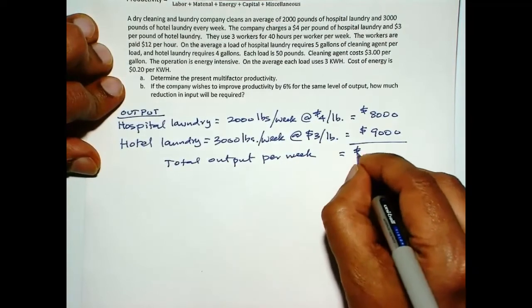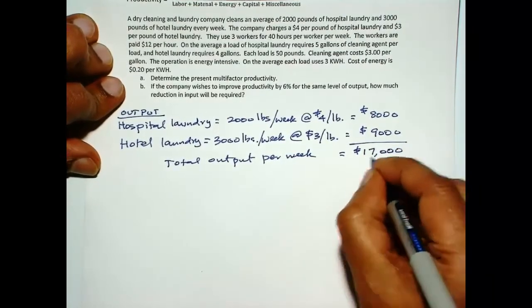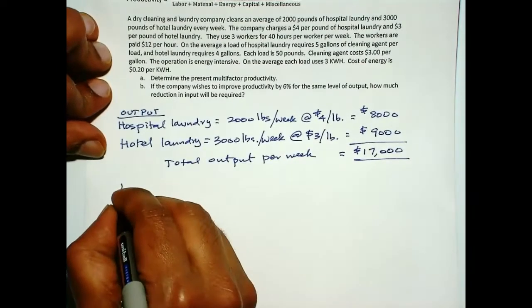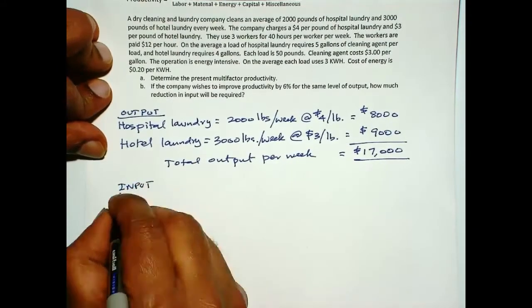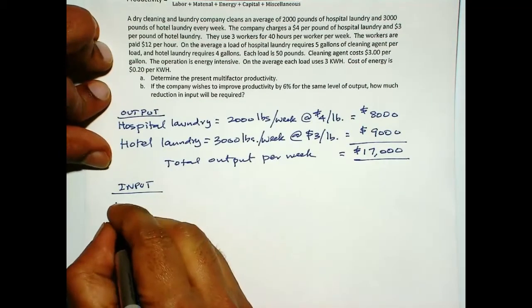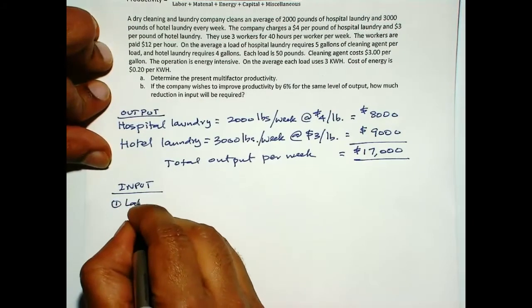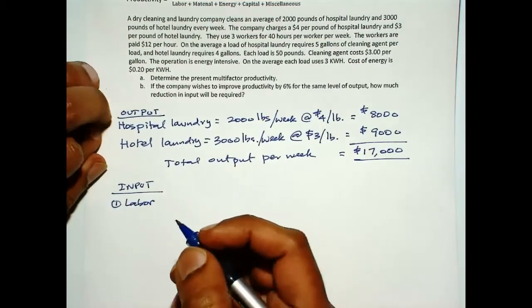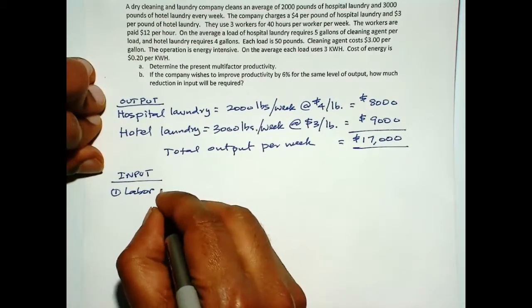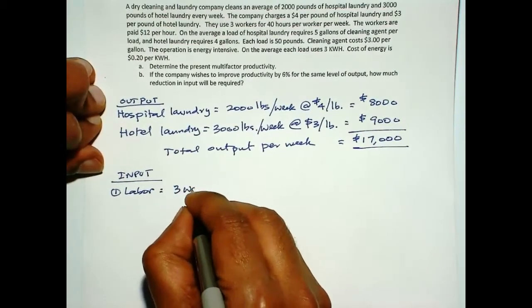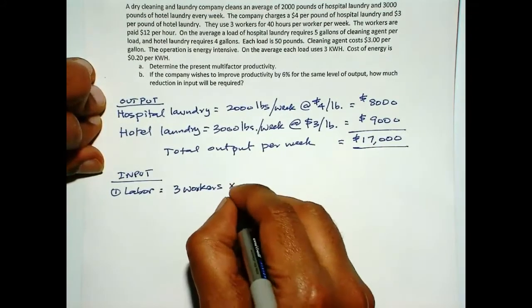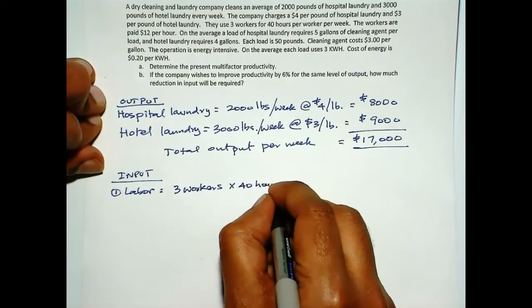Remember there are 3 inputs. So let's take the first one, labor. So we have 3 workers times 40 hours per week times $12 an hour.